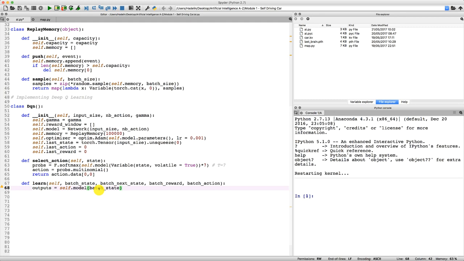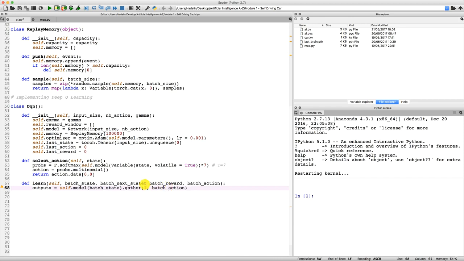And so to get these actions we're interested in, that is the actions played, well, we have to use this gather function in which we input 1, because we only want the action that was chosen, and then we add batch_action. With the 1 and the batch_action, we will gather each time the action to play for each of the input states of the batch state. We only want the action that is played, the action that is chosen. And we get this with this gather, 1, and batch_action.